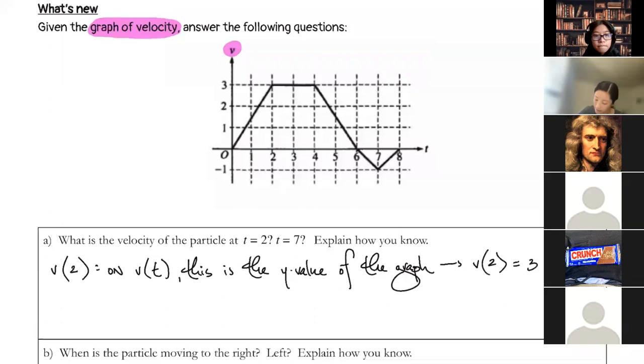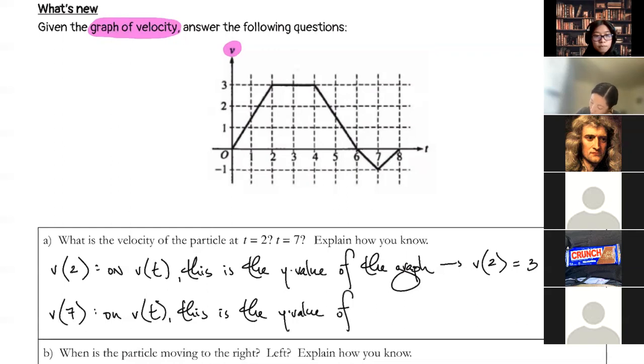Okay. Now, similarly, if we were to write a sentence on v of 7, we could say on v of t, this is the y value of the graph. And so can someone maybe type into the chat what v of t is for this particular graph?